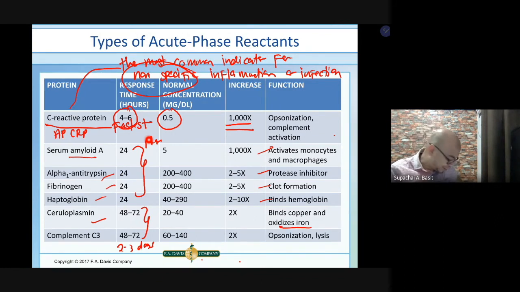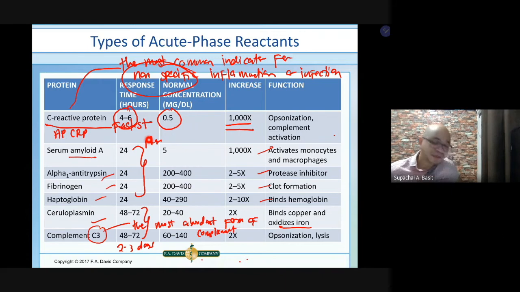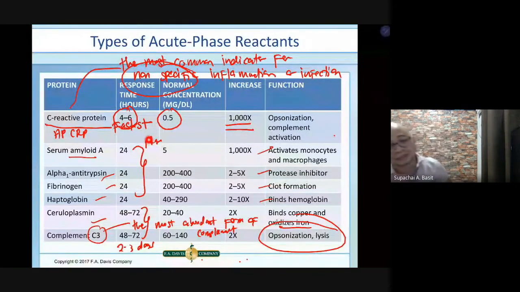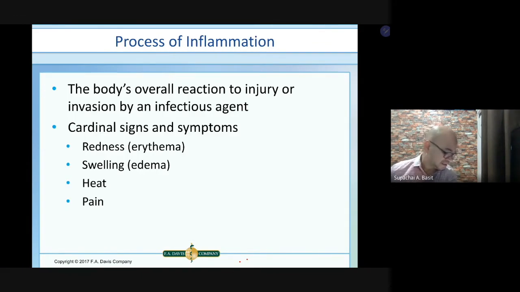And the C3 is the most abundant form of complement, and it is important for opsonization and lysis. So there you have it, the different types of acute phase reactants.